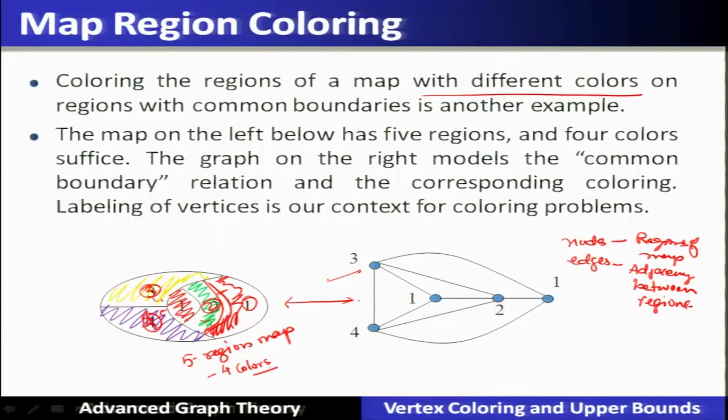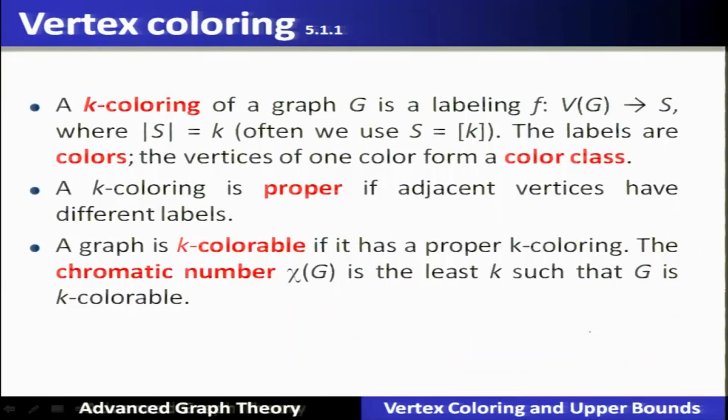Having modeled this graph, we now ask how many minimum colors are required in the vertex coloring of this graph. That will be the solution for the map coloring problem. This labeling of the vertices, or we also say coloring of the vertices, will be the context for coloring problems. Vertex coloring.